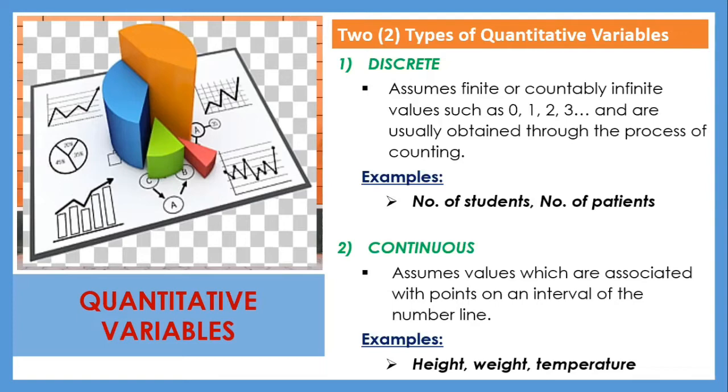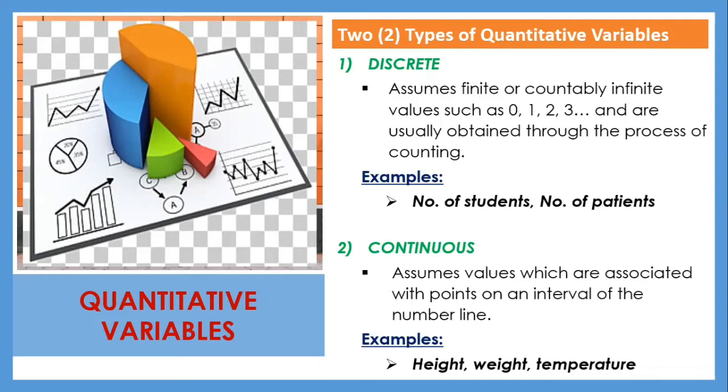On the other hand, if we say continuous quantitative variable, it assumes values which are associated with points on an interval of the number line. Meaning to say, if your discrete is a whole number, your continuous is not, because there are points or fractions in nature. For example, height, okay?